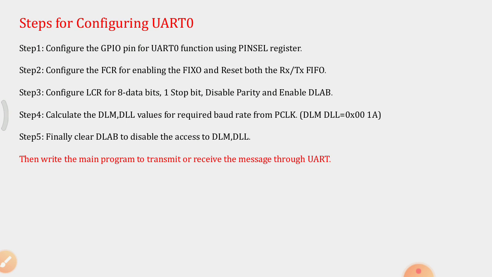Step 5, after setting all these things, clear the DLAB to disable access to DLM and DLL. Later we write the main program for transmitting or receiving the message through the UART.